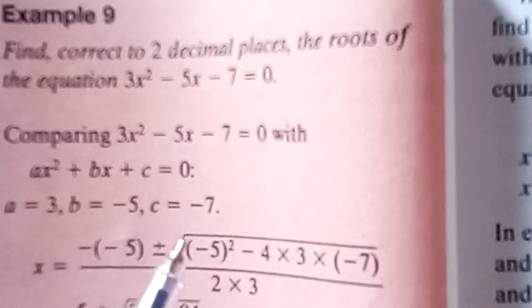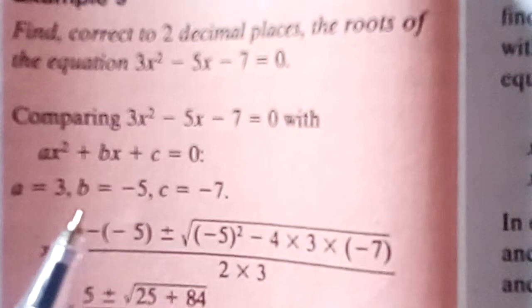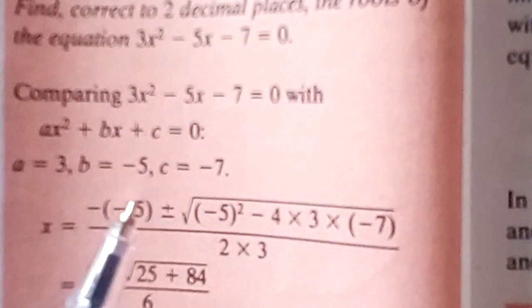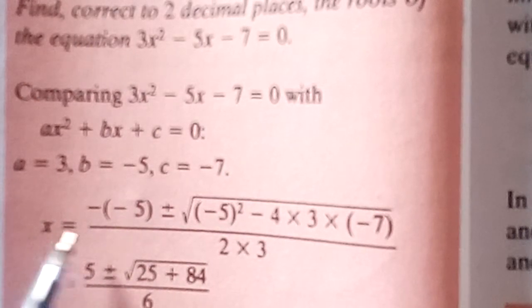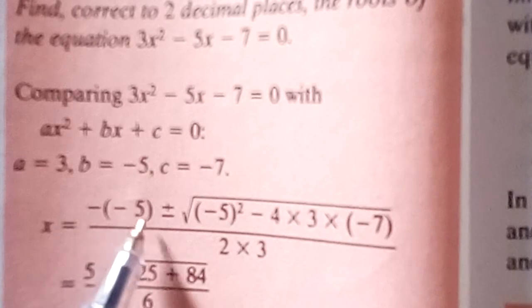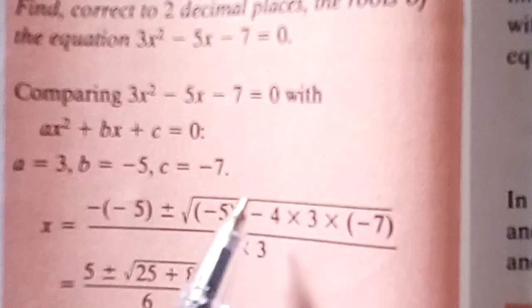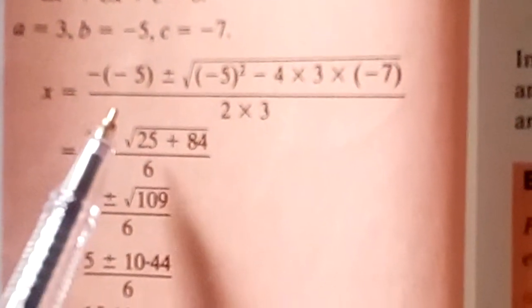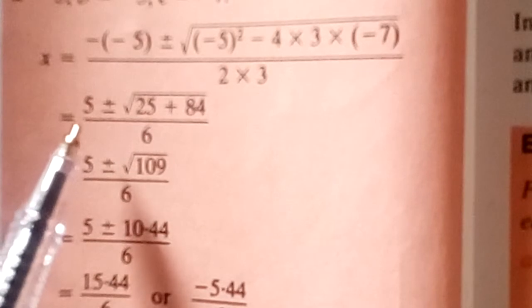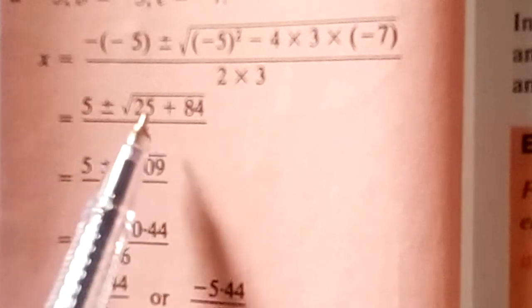Inserting into the formula, that is representing the numbers with the properties of the formula, we now have x equals minus minus 5 plus or minus root minus 5 square minus 4 times 3 times minus 7 all over 2 times 3. That will give us 5 plus or minus root 25 plus 84, solving everything, over 6.